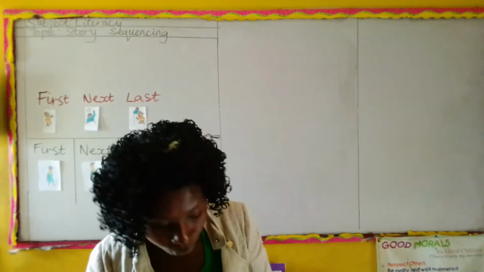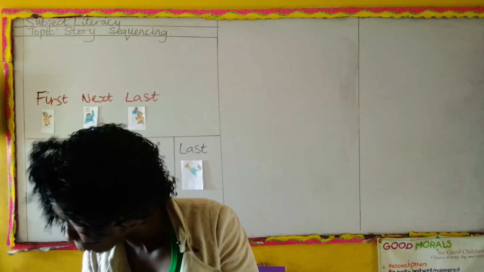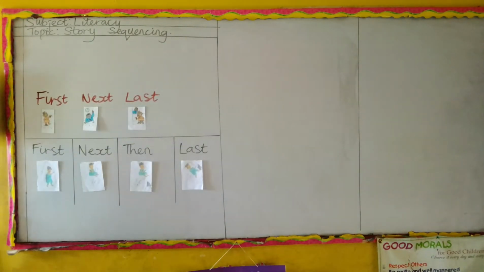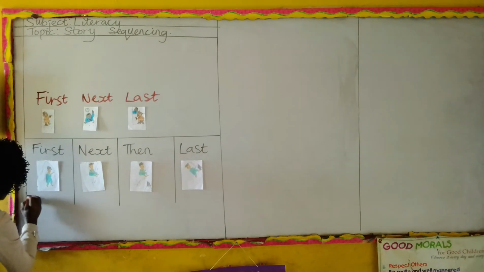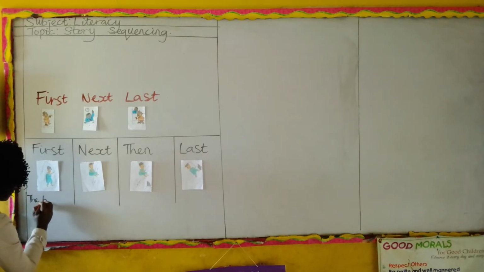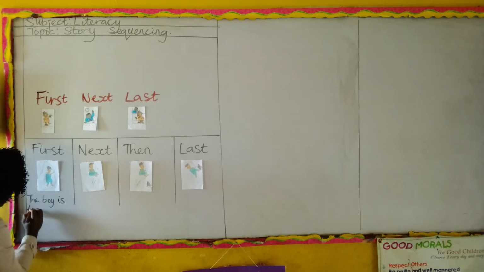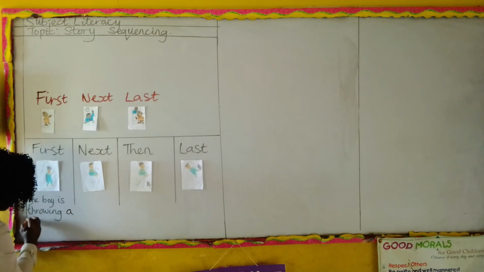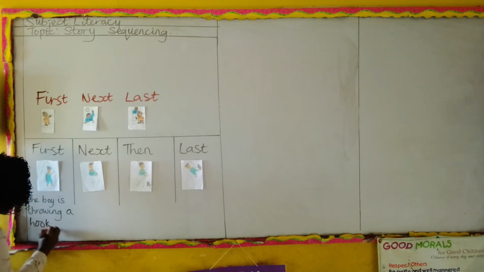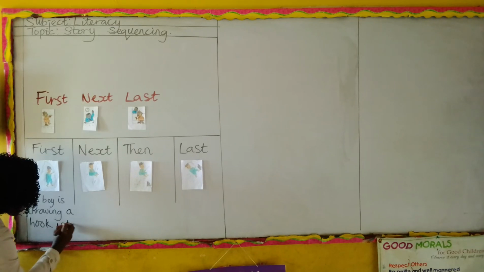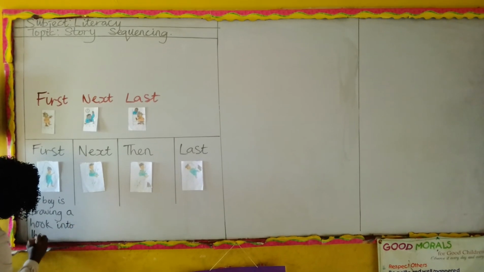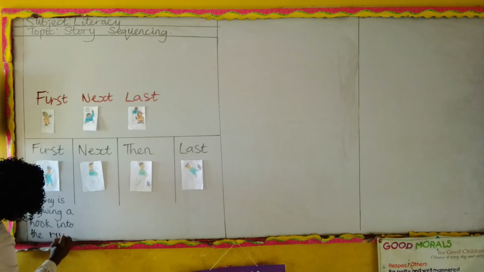Okay, so I'll write it down for you. So let's go. The boy is throwing a hook into the river.